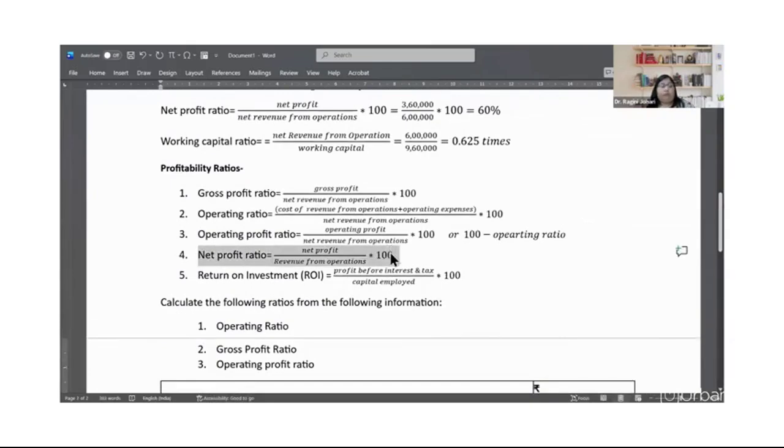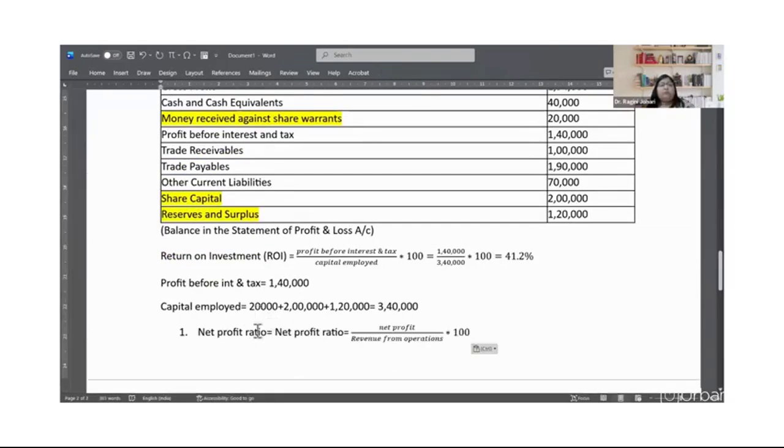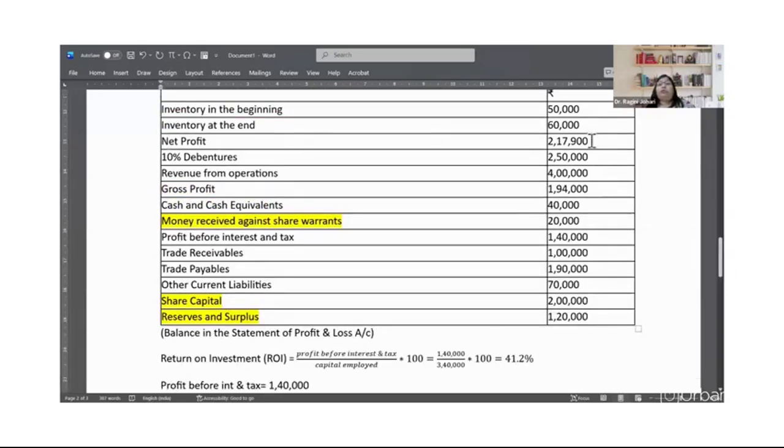So we can take up the formula here. This is net profit upon revenue from operations. So let us see. We are given the net profit also here, which is 2,17,900, and revenue from operations is 4 lakh. Let's find out this ratio also.